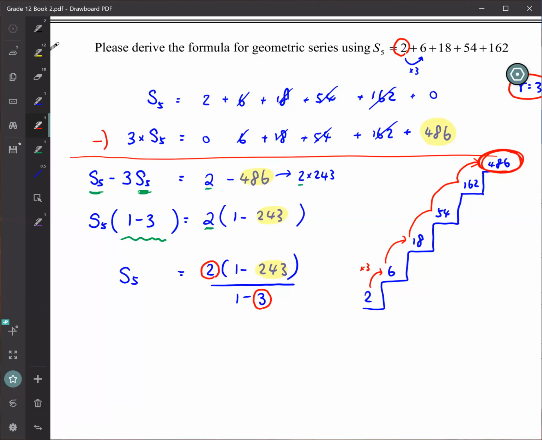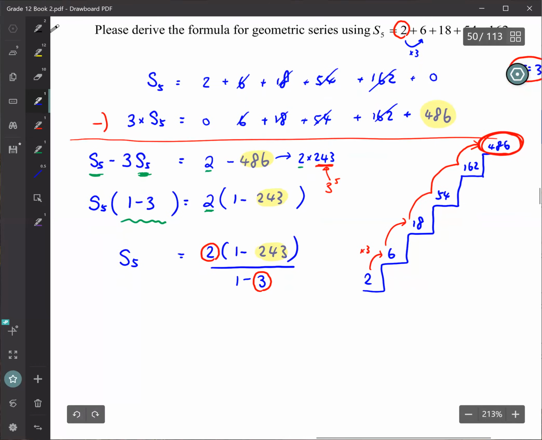So that means the 243 is 3 to the 5. 2 times 3, 5 times, can give you 486. Okay, so there we go. 243 is the same as 3 to the 5.